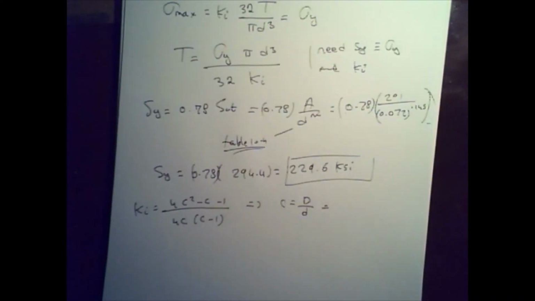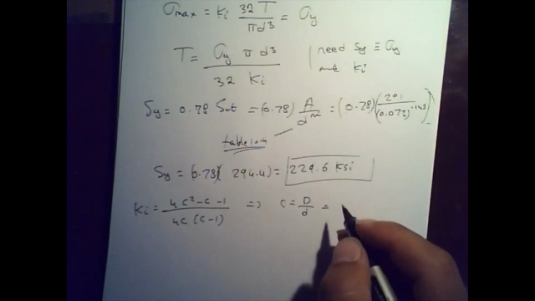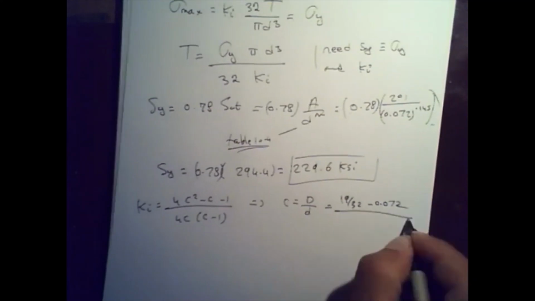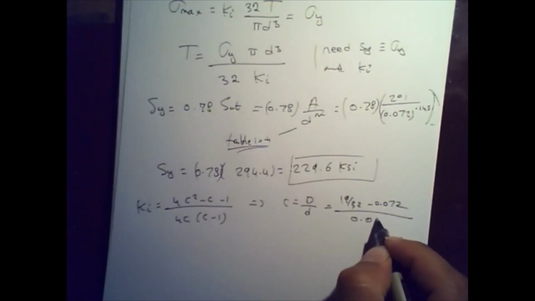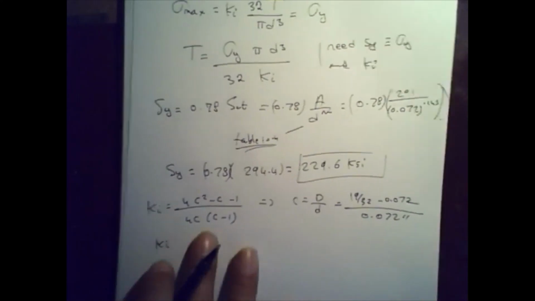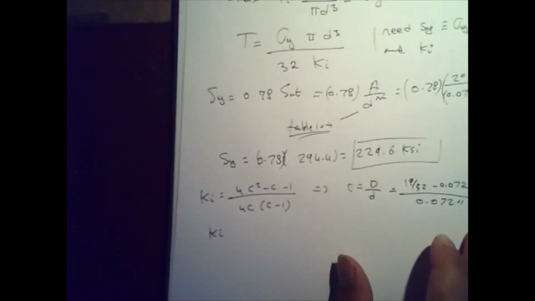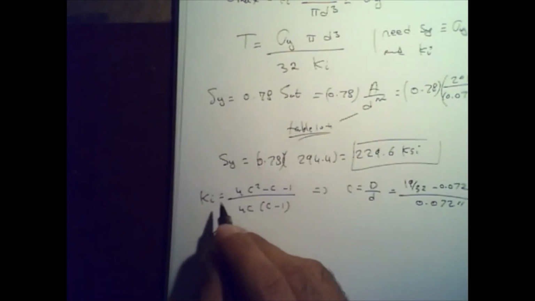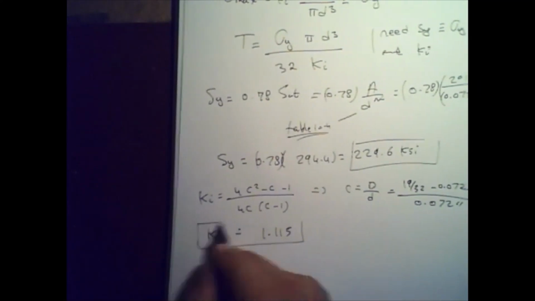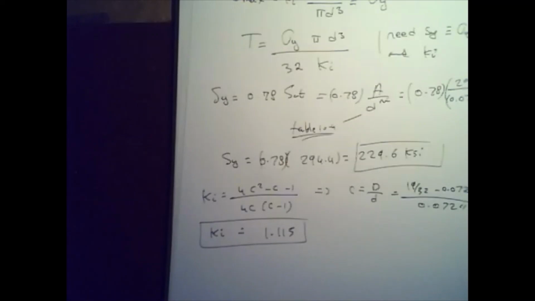We remove half a diameter on either side, so it's one wire diameter: 19 over 32 minus 0.072. Replacing this value, you end up with Ki equal to 1.115. So you got your Ki.